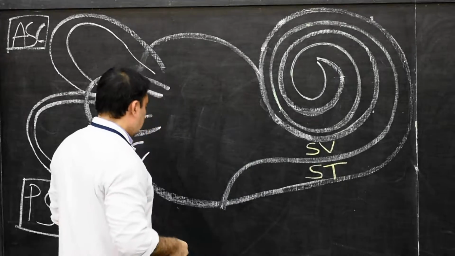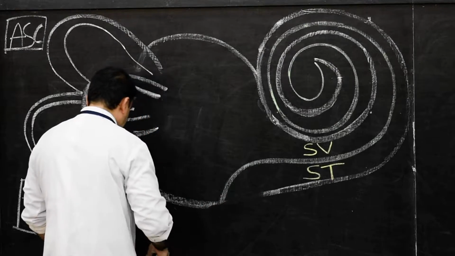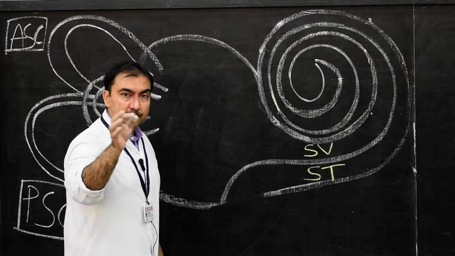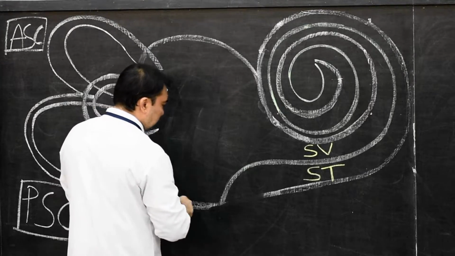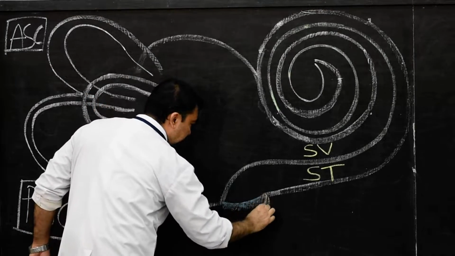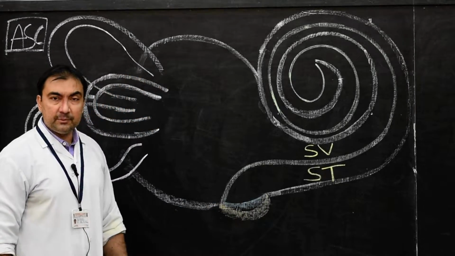This scala tympani will open posteriorly, and that opening here will be closed by secondary tympanic membrane. So therefore there will be presence of this secondary tympanic membrane. So what should be the name of this opening?